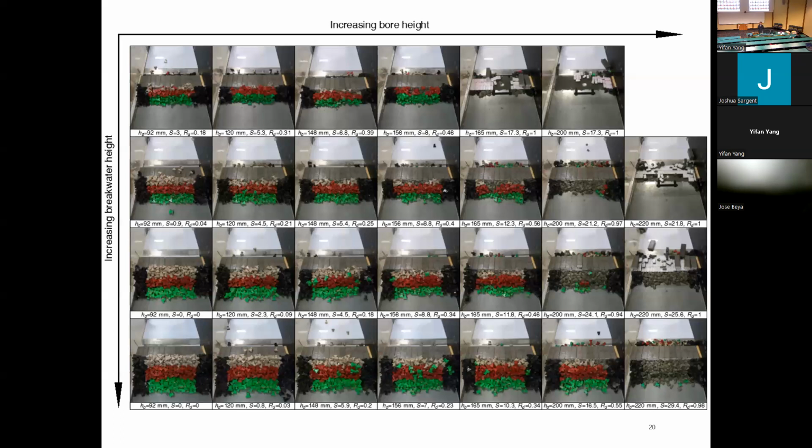Yes. It will reduce the impact on the sheltered area, and it will slow the tsunami, not too much, but a little bit.